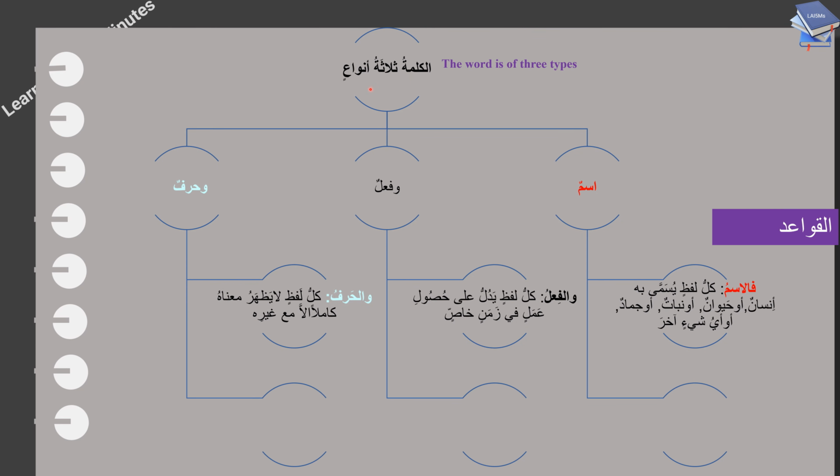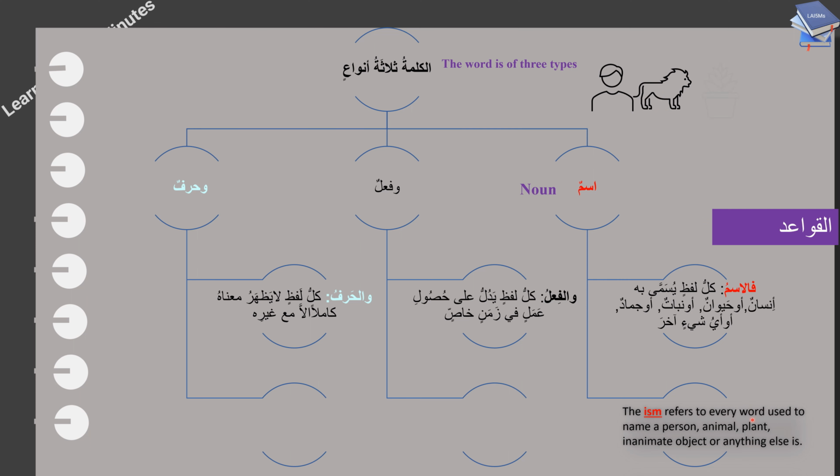الكلمة 3 أنواع. The word is of 3 types. As we said, اسم, noun. The ism refers to every word used to name a person, animal, plant, inanimate object, or anything else. وفعل, the verb.